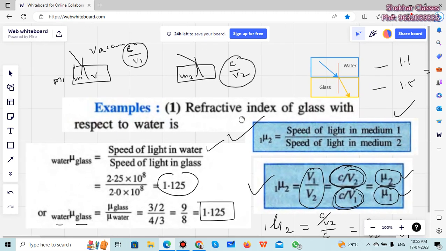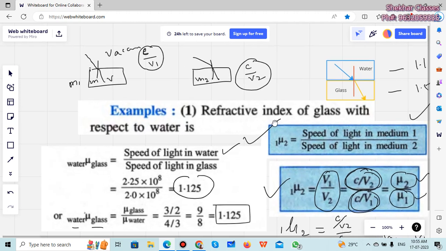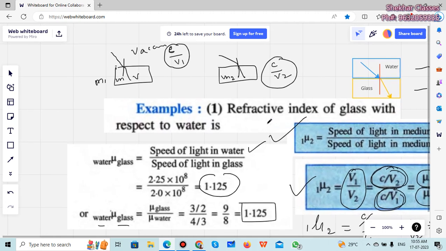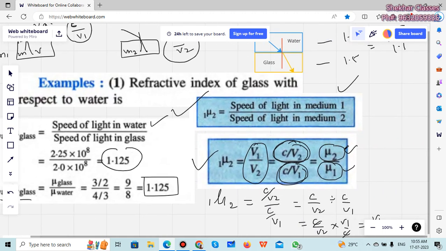So we take either the refractive index from air to that medium, or from vacuum to that medium, as the absolute refractive index, and that is denoted simply by mu2 or mu1, which means medium 2 from nothing, meaning vacuum. Otherwise it may be written as medium 1 or medium 2, something like that.